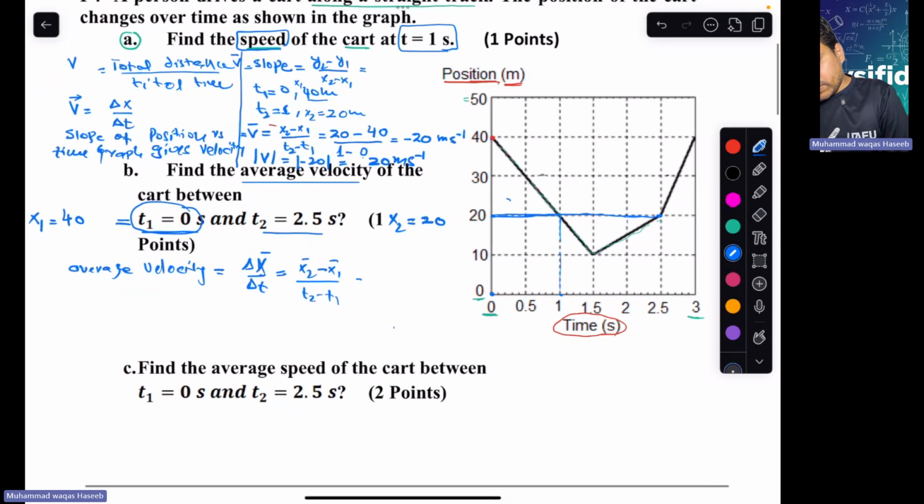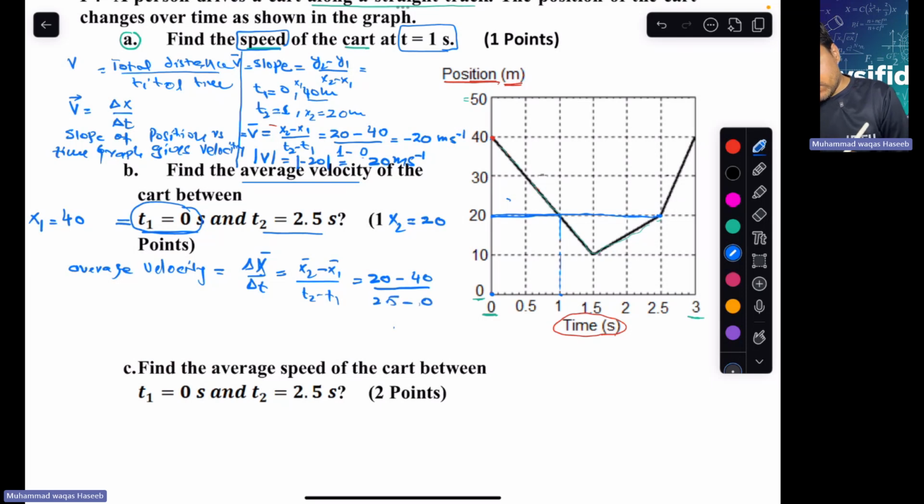So x2 is 20, x1 is 40, t2 is 2.5 minus 0. So your average velocity is minus 20 divided by 2.5.